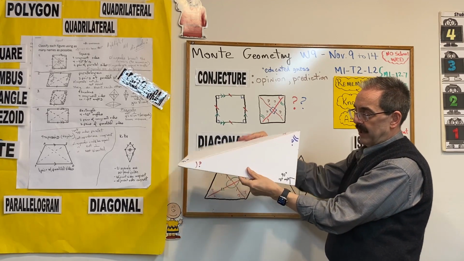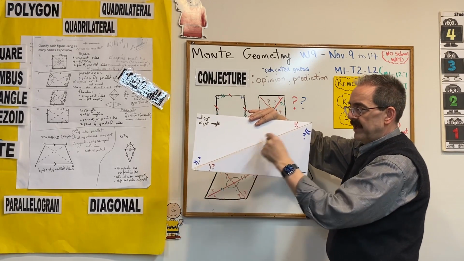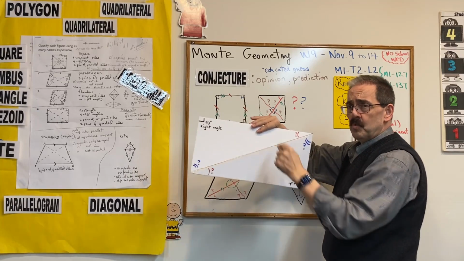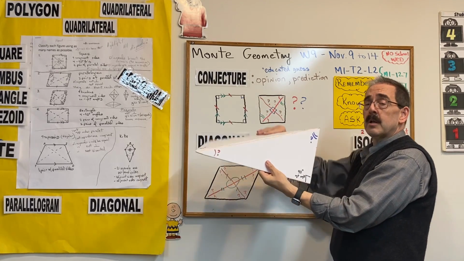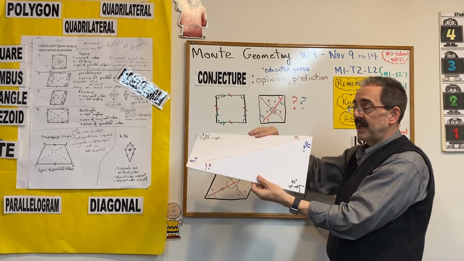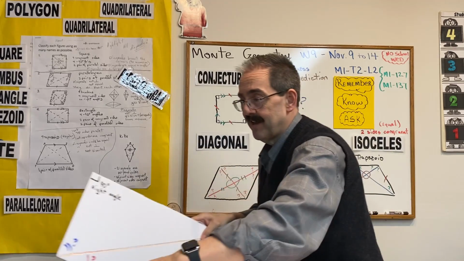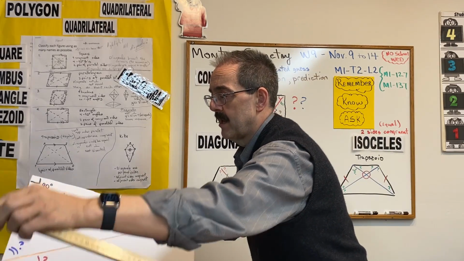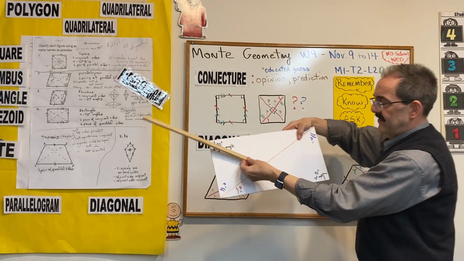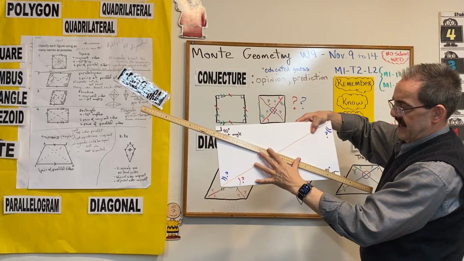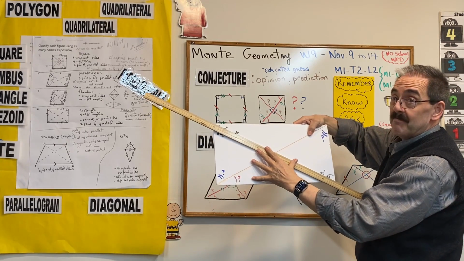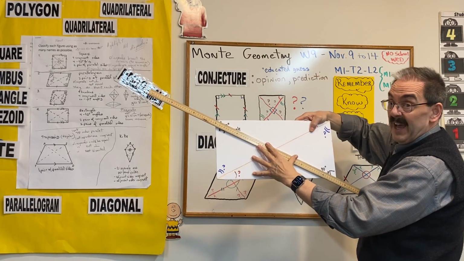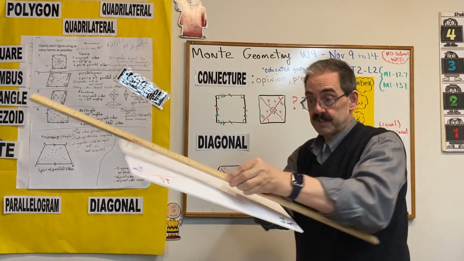Create that triangle. Which angles are equal to which angles? Okay, what can you say? And then, let's make the other diagonal. What can you say about the other diagonal and what it creates?